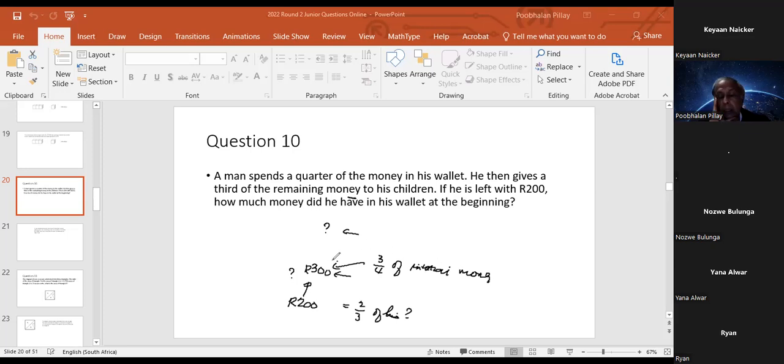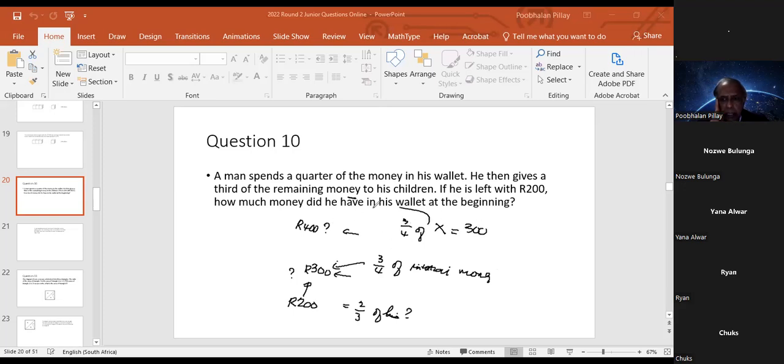So if 300 represents 3/4 of the initial money, then you could see even mentally, you would have had to have had 400. So this is 3/4. A quarter of 400 is 100. You take it away, you get 300. The other way of doing it is 3/4 of x equals 300.